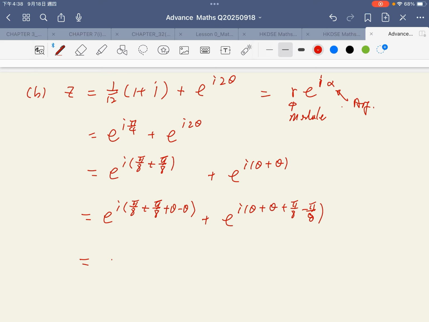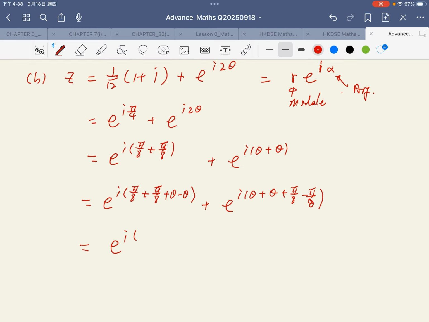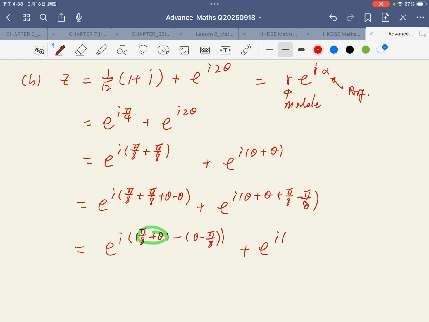You can see that pi over 8 plus theta is the first part, and theta minus pi over 8 is the other. Then for the second part, I create this one too: pi over 8 plus theta, minus pi over 8 minus theta.